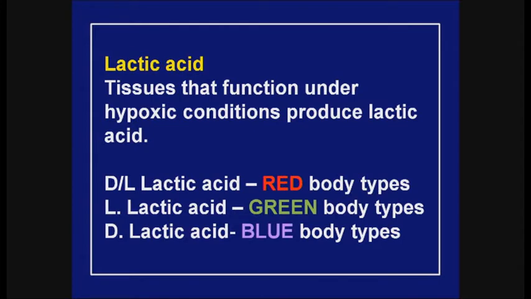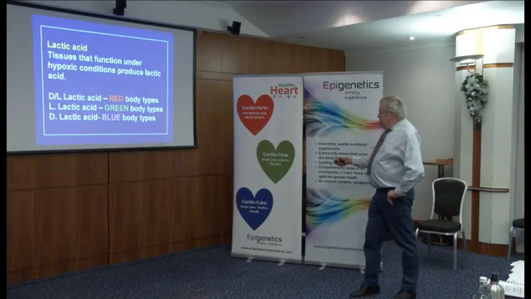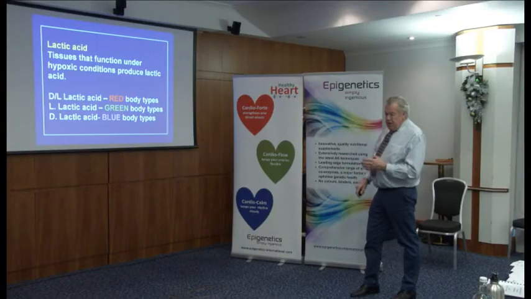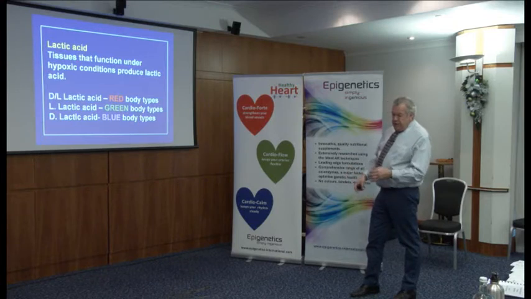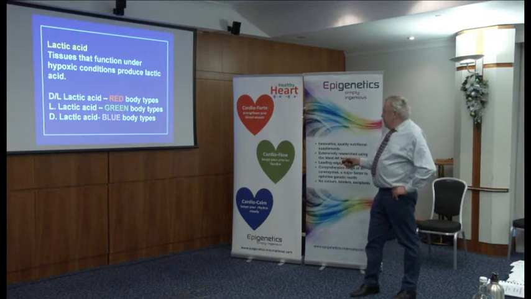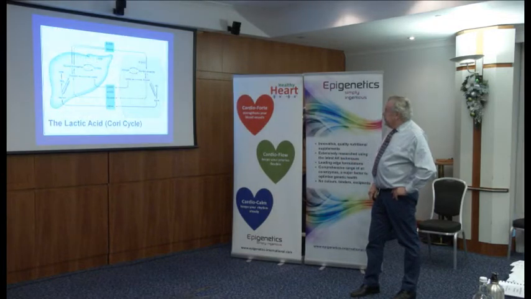So remember, there's the L, the D, and the DL lactic acid, and this seems to be related to the gene, to the profile, the metabolic profile of a person, and which hormone is the predominant one. So red people have predominantly thyroids dominating them, green the adrenals, and blue the gonads.